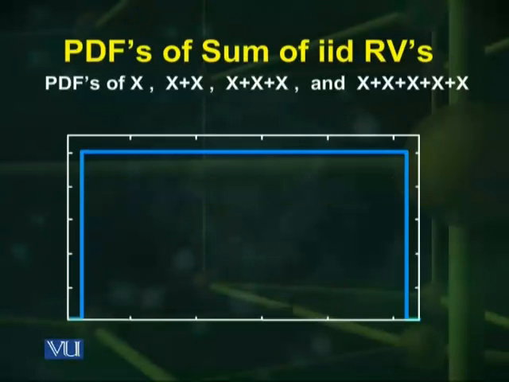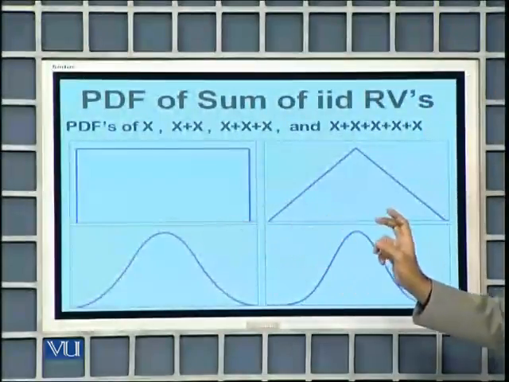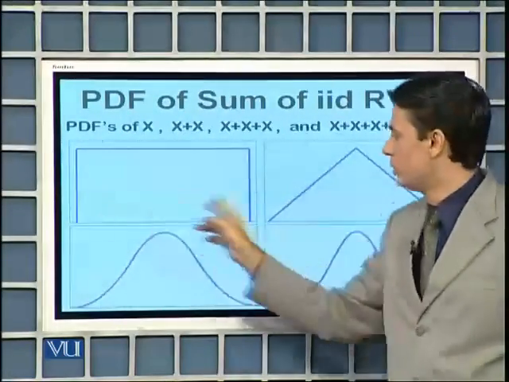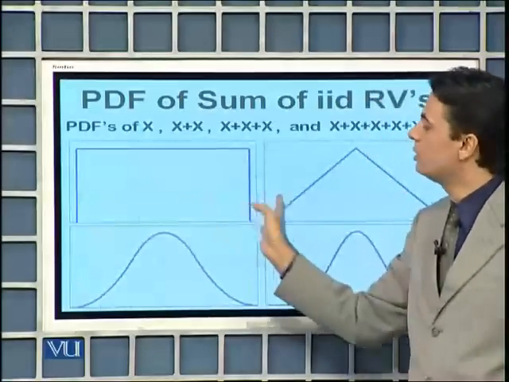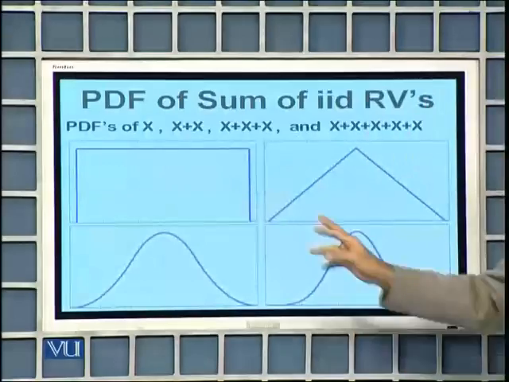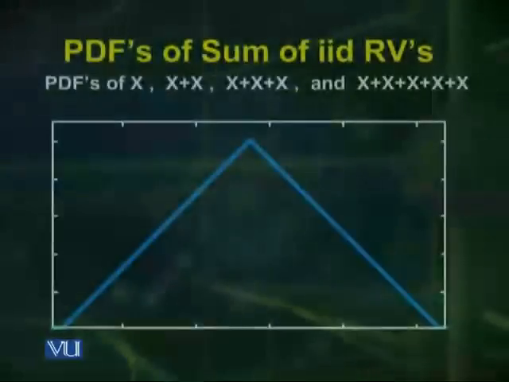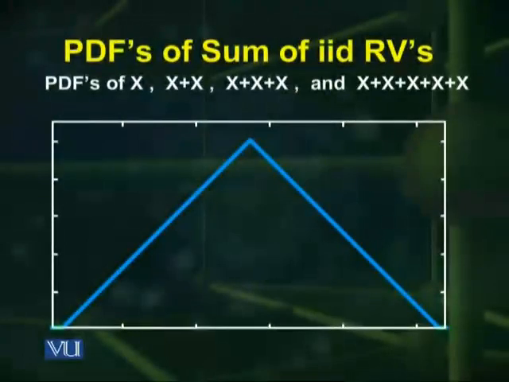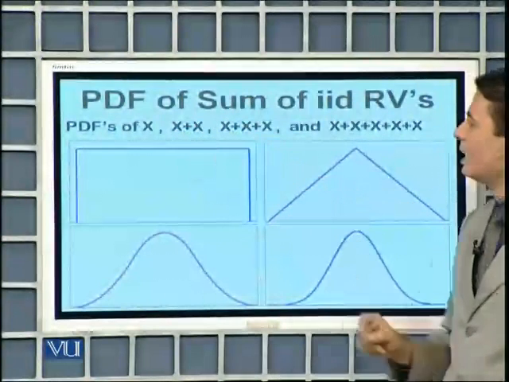If I have a random variable x which is uniformly distributed over a finite range, which could be from a to b, or minus a to a, or minus 10 to 10, over any finite range. If this is the PDF of the random variable x that I start with, then this is the PDF of the sum of two random variables, x plus x.